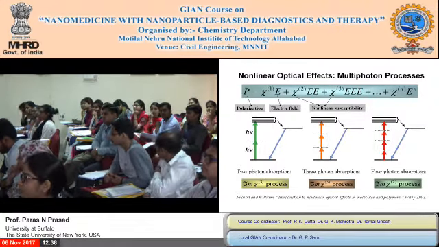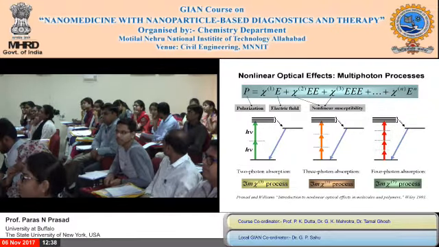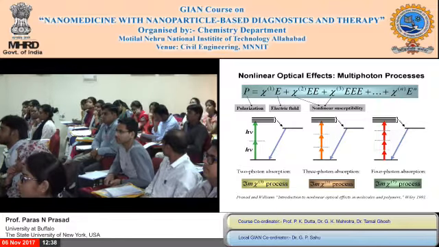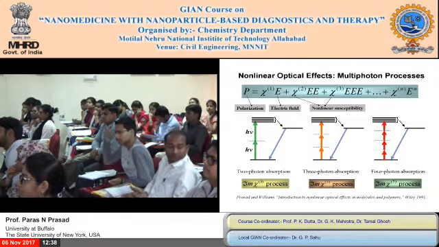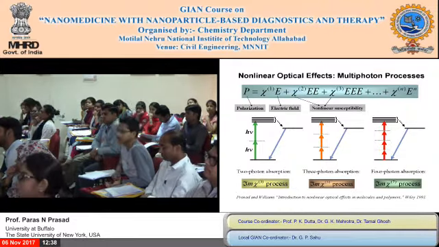And that polymerization is very localized because this process is most effective where the intensity is high. And where is the intensity high? When you take a laser beam or light beam and you focus, at the focus point the intensity is the highest. That's where most of the emission will come out, or that's where most of the photochemistry will happen.